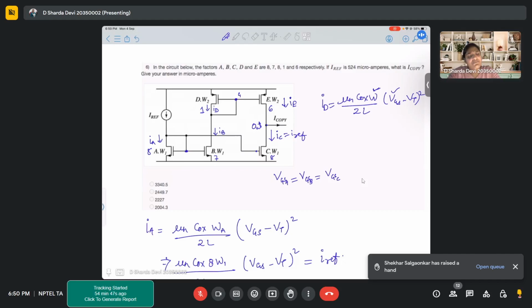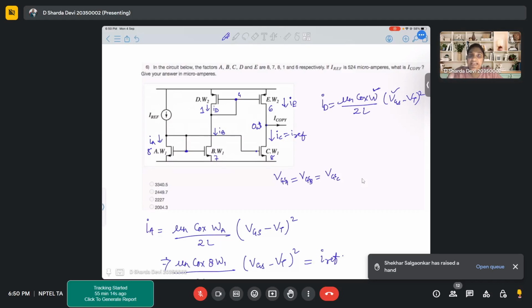Most of the times, mu n Cox by 2 is never equal to mu p Cox by 2. So we cannot directly write that the currents are equal, but we know that since transistor D and transistor B are in series, the same current will flow. But these currents can be represented in their own parametric terms.